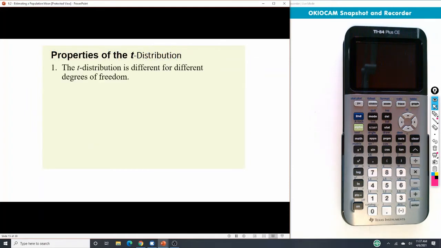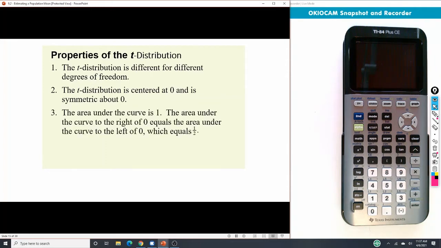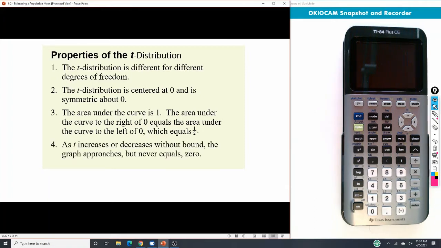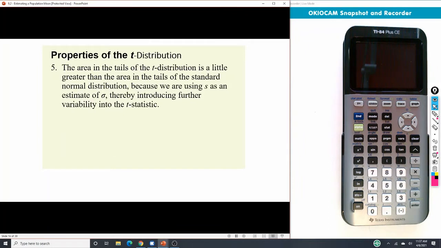All right, so properties of the t distribution. It is different for different degrees of freedom, so we have to pay attention to our sample size. It is still centered at 0 and symmetric about 0. The area under the curve is still 1, and each half is equal to a half. As t increases or decreases, the curve approaches 0 but never equals it, just like the normal.